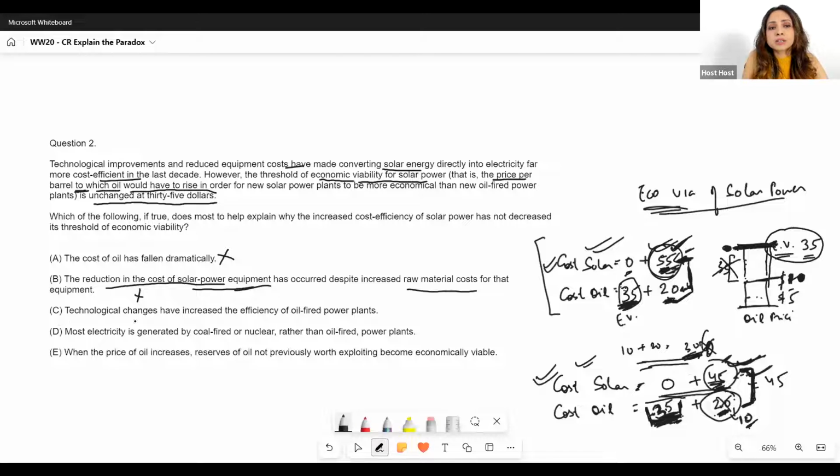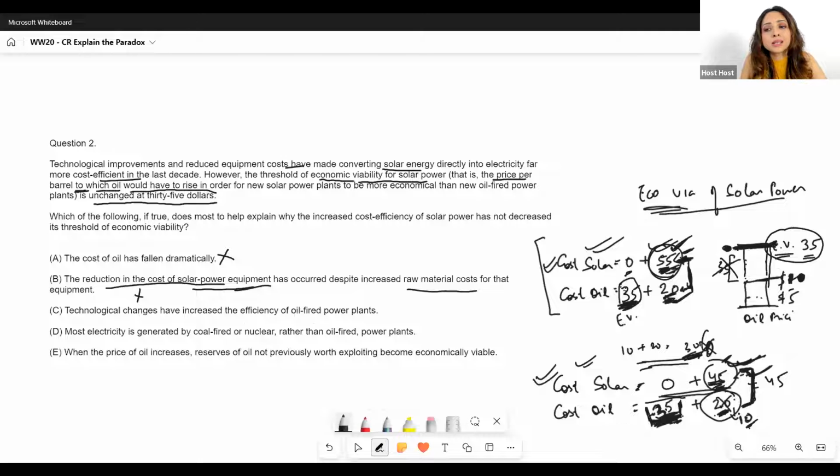So look at C. Technological changes have increased the efficiency of oil-fired power plants. This is our answer. As we discussed, tech changes increased the efficiency of solar power plants. That is, instead of $55, it now takes $45 to create electricity using solar energy. And now what has also happened is that tech changes have also increased the efficiency of oil-fired power plants.